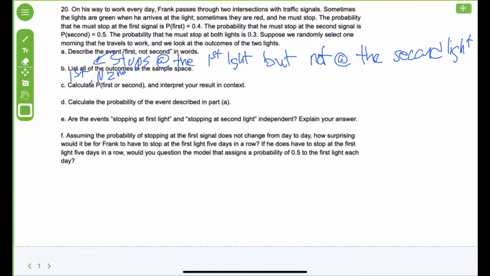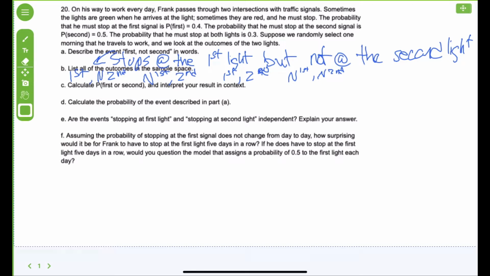The other one is not stopping at the first, but stopping at the second. Then we could have stopping at both, so the first and the second. And then we could have not stopping at the first and not stopping at the second. Yeah, and that's it. Okay?